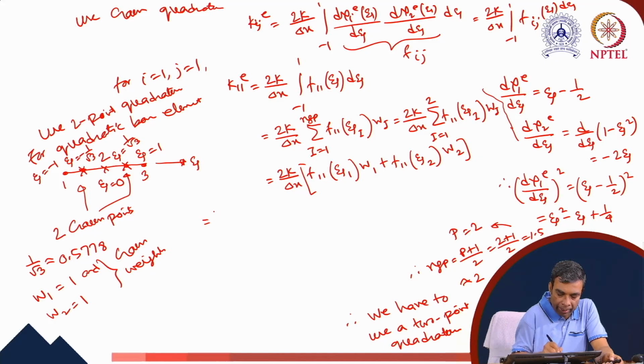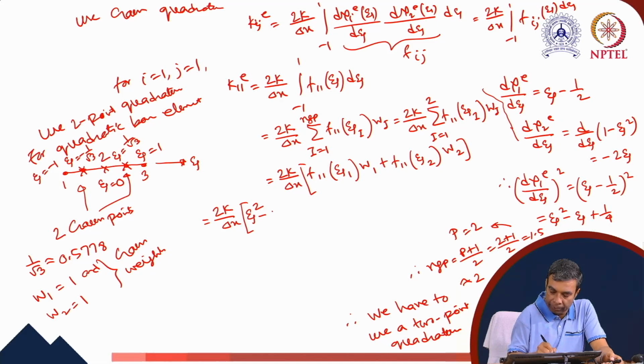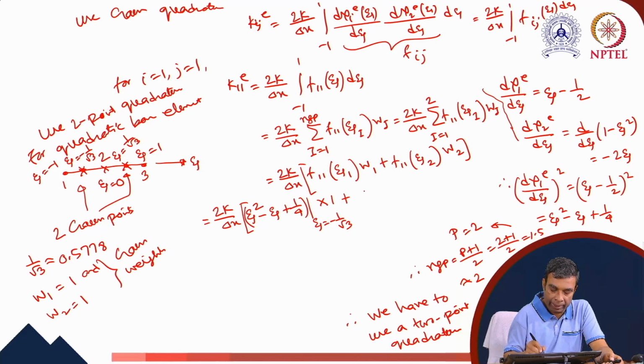So this can be simplified as 2k by delta x times f11, which is xi square minus xi plus 1/4, evaluated at xi1, that is minus 1 by root 3, into Gauss weight 1, plus the same function evaluated at the second Gauss point, xi equals 1 by root 3, multiplied by the Gauss weight.